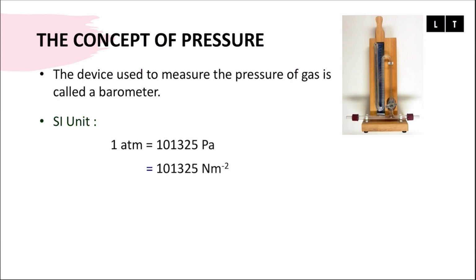You should know that the most standard is 1 atm dan kita akan gunakan this one as reference unit. Then 1 atm also equals to 101325 Pascal or equals to 101325 Newton per meter square. Dan dalam kes ini we should understand that 1 Pascal equals to 1 Newton per meter square.